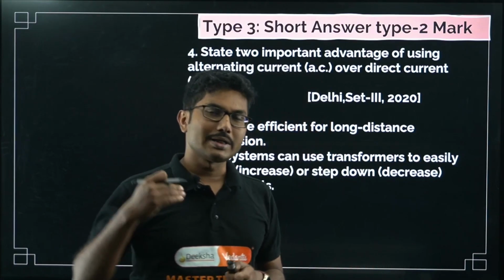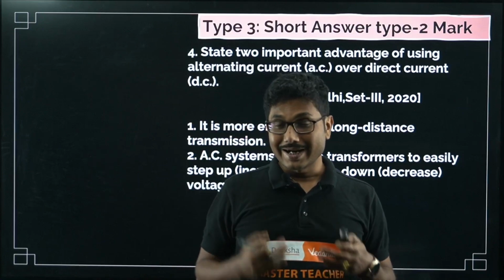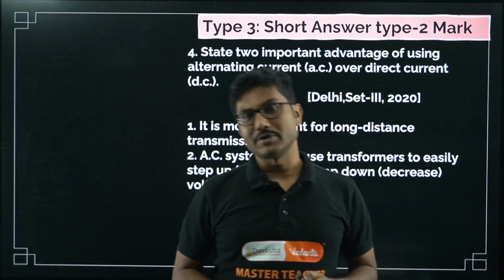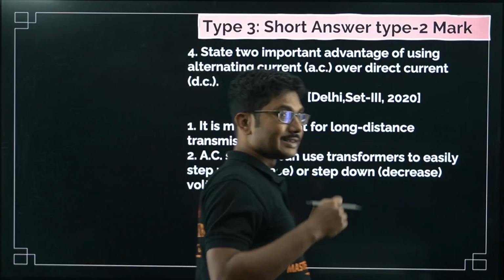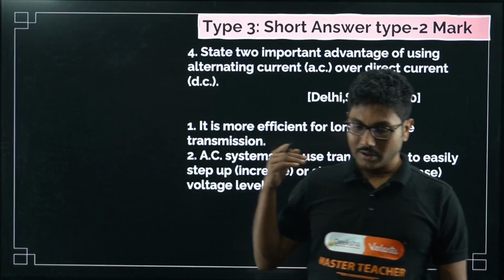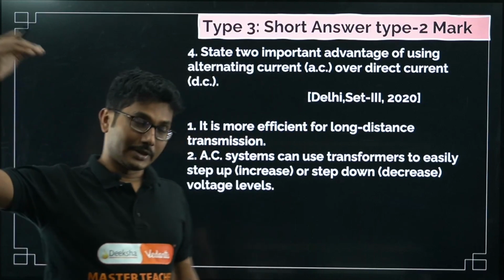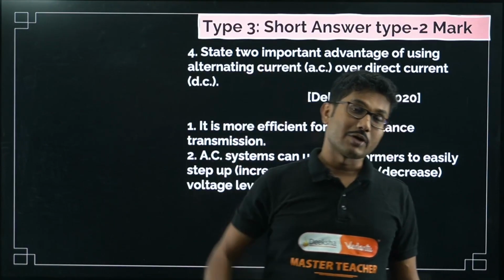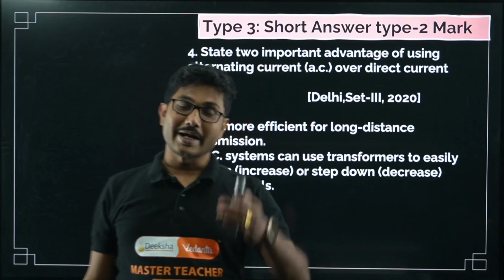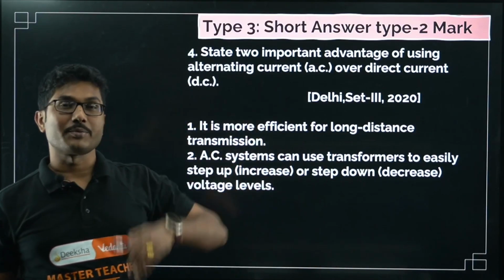Based on your requirement, current and voltage can be stepped up and stepped down using a device called a transformer. Many electrical devices use transformers. Even the transformer located outside your house, in your locality, reduces the incoming voltage from the power stations.